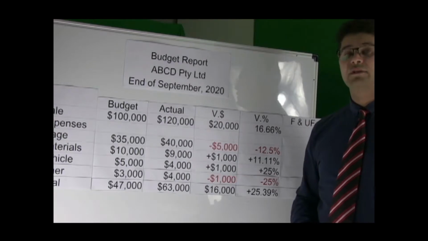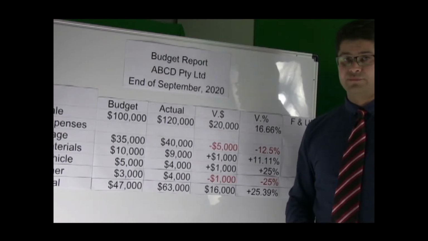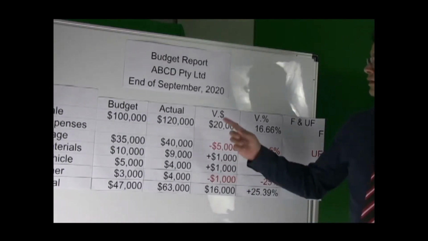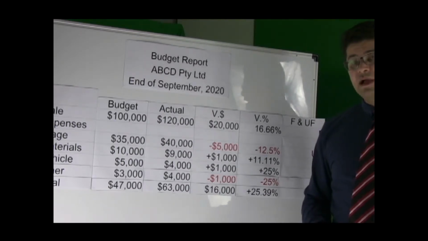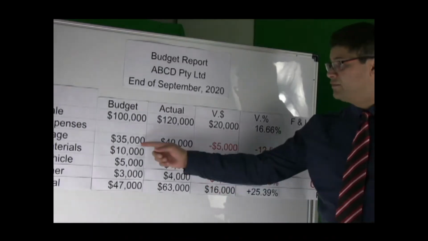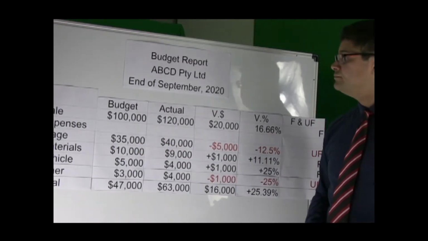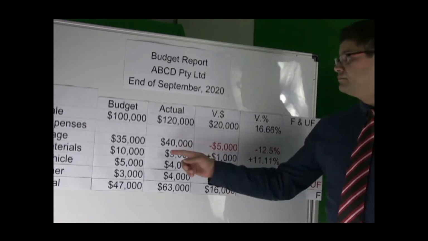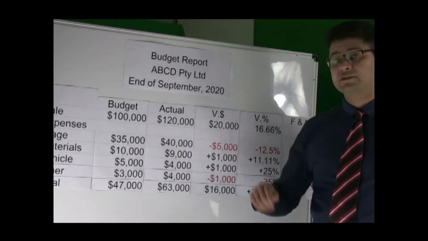If you don't have an accurate number, your report is wrong for sure. Other items: your wages have risen to $40,000, not $35,000 as you predicted. Also, your material is $9,000; you forecasted $10,000.